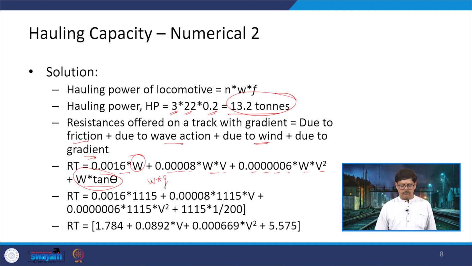Now, some of the values are with V and some of the values are constants. So, what we get here is this particular equation: 1.784 plus a term with V and a term with V square, plus again a constant value of 5.575.